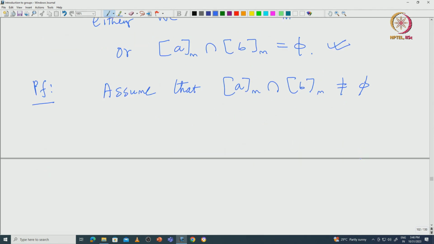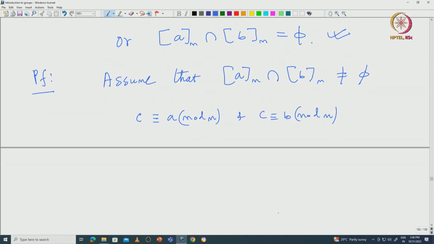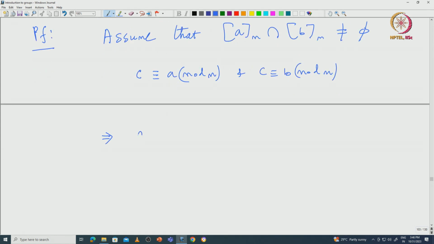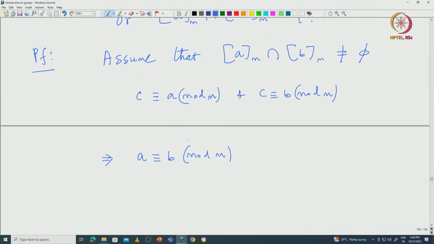That means there exists c such that c is congruent to a modulo m and c is congruent to b modulo m. Then this immediately implies that a is congruent to b modulo m. This is the first observation.